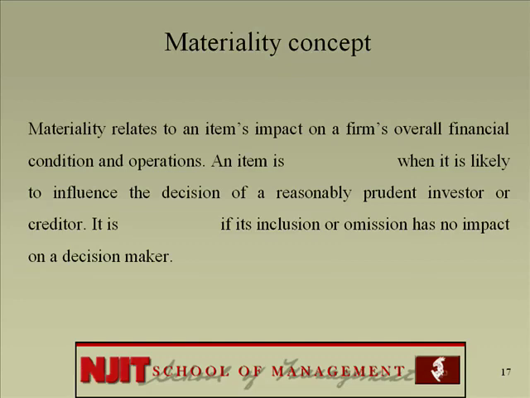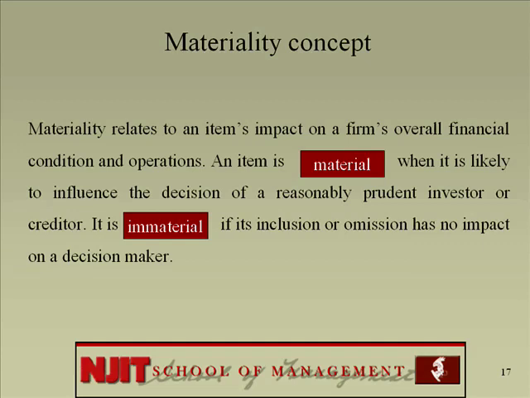Materiality relates to an item's impact on a firm's overall financial condition and operations. An item is material when it's likely to influence the decision of a reasonably prudent investor or creditor.